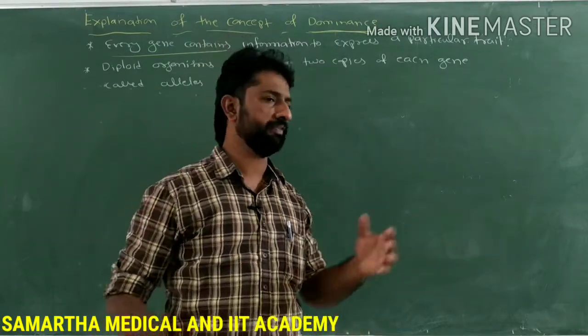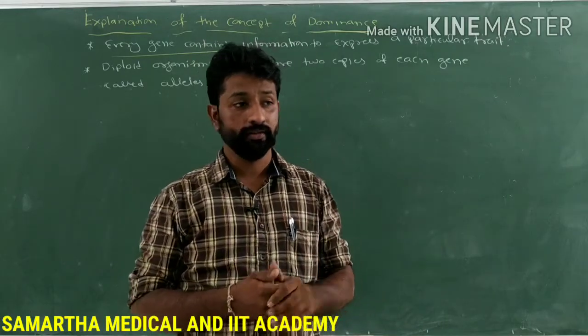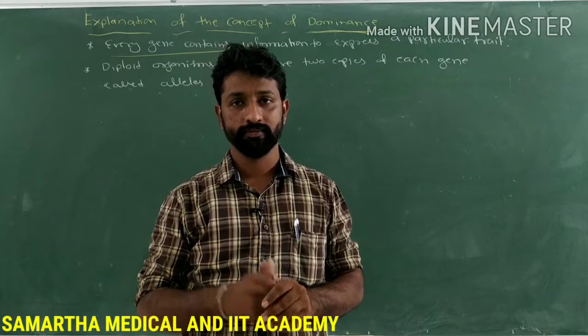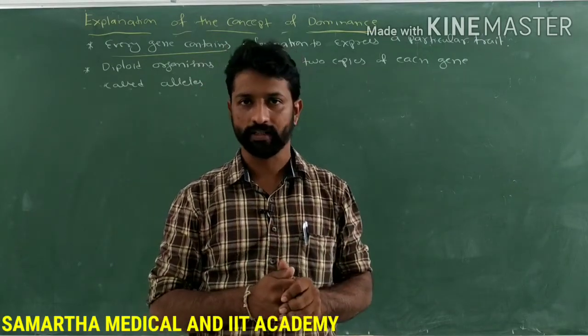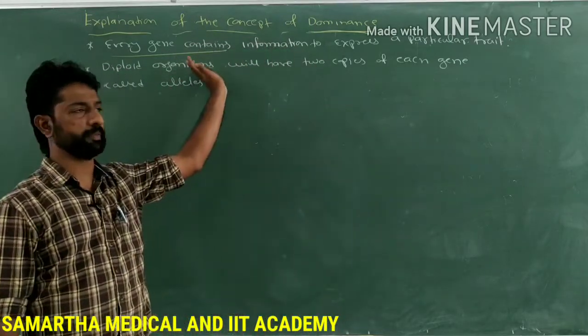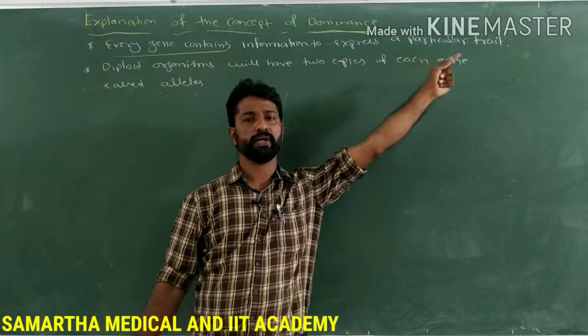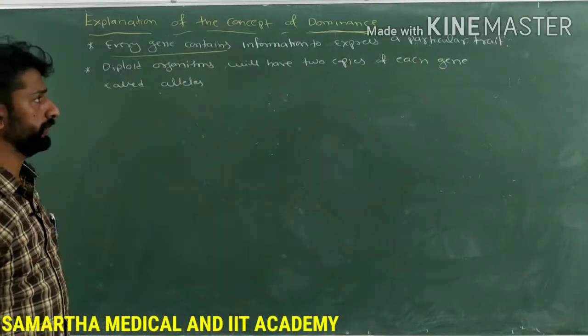The other may be having 3.5 or 4 or 5 feet height. See, height is a character here. The tall or the short are the traits of this character, right? Like that, every gene contains the information required for expression of a particular trait.